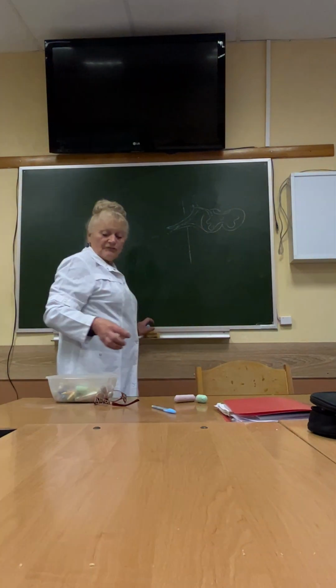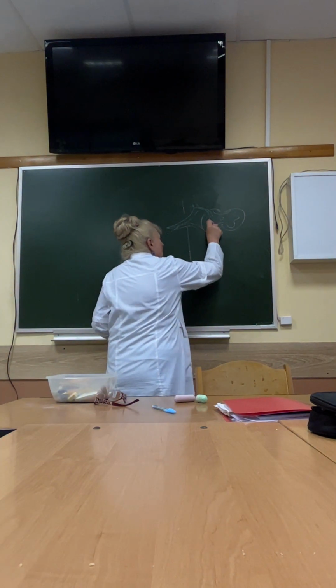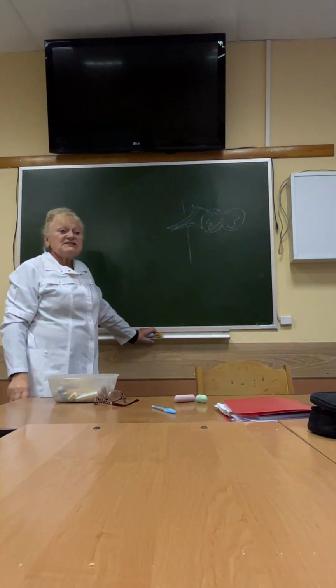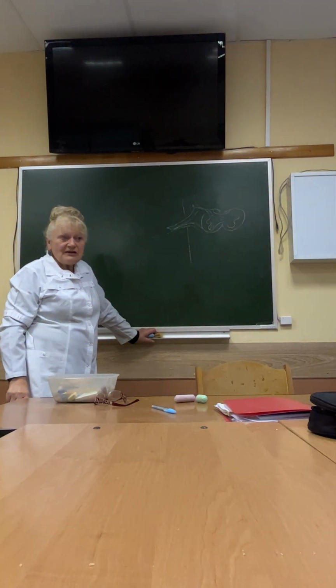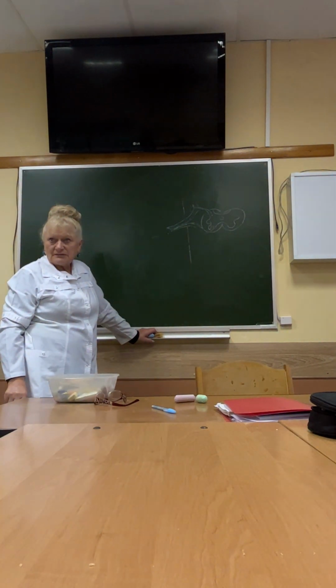From the lateral horns comes the vegetative portion. The vegetative portion is everywhere. It is placed in each pair of the spinal nerves.